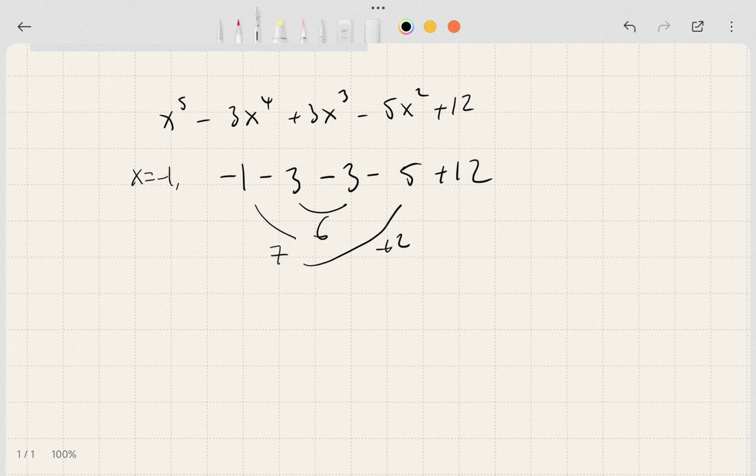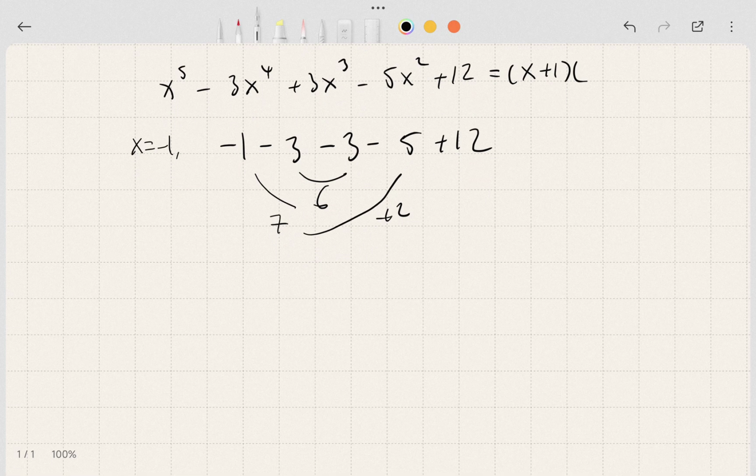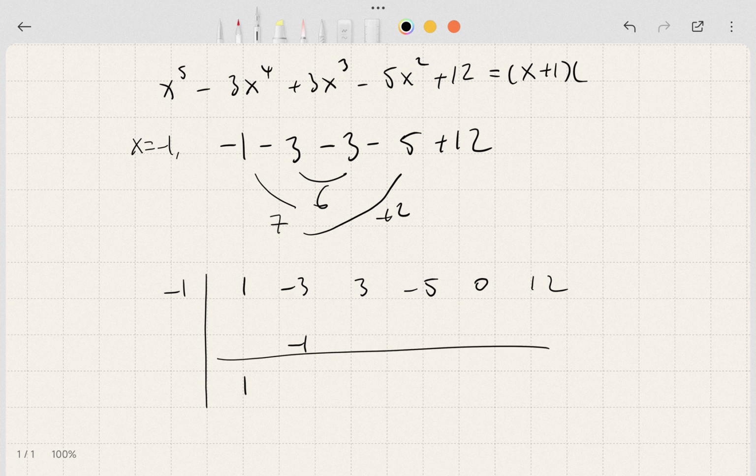So we can say, well, this is equal to x plus 1 times the following. Now let's apply synthetic division. So to the polynomial 1, minus 3, plus 3, minus 5, 0 and 12. Applying synthetic division, we have minus 4, 4, 7, minus 7, minus 12, 12, 12, minus 12, 0.